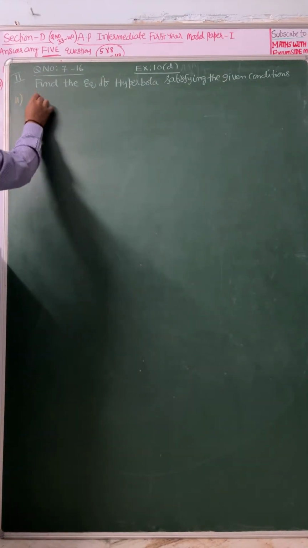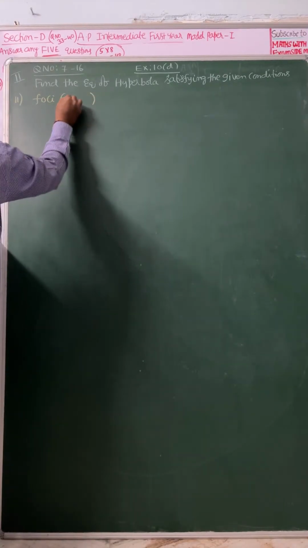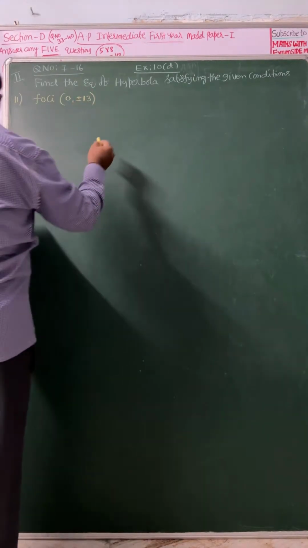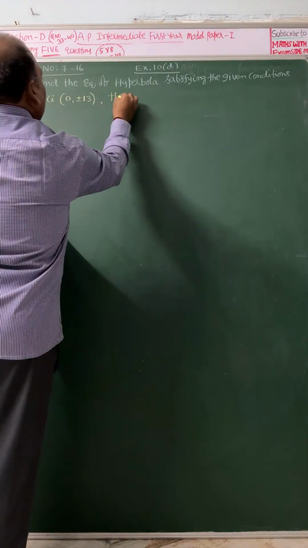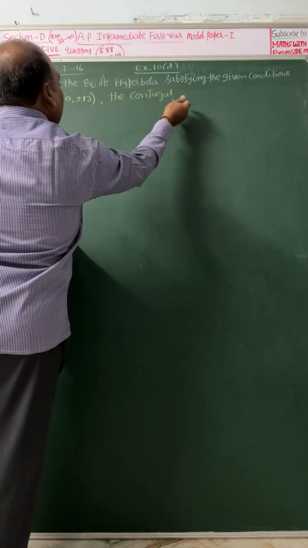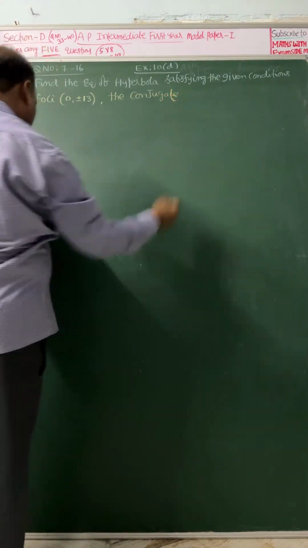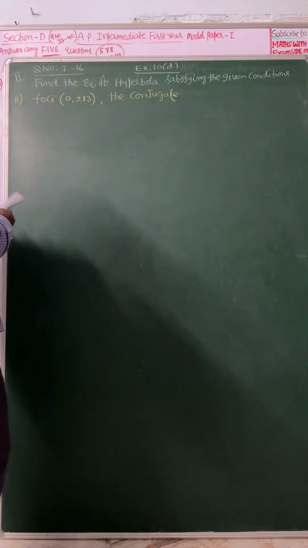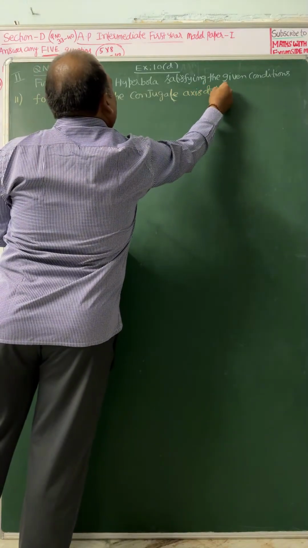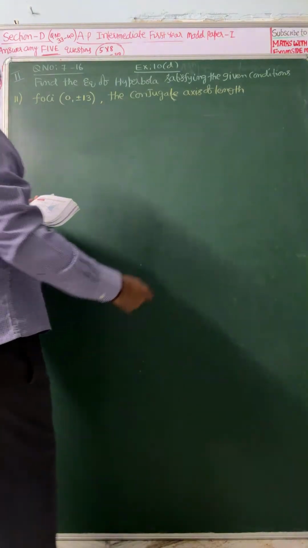Next question number 11. Foci 0 comma plus or minus 13. The conjugate axis of length 24.